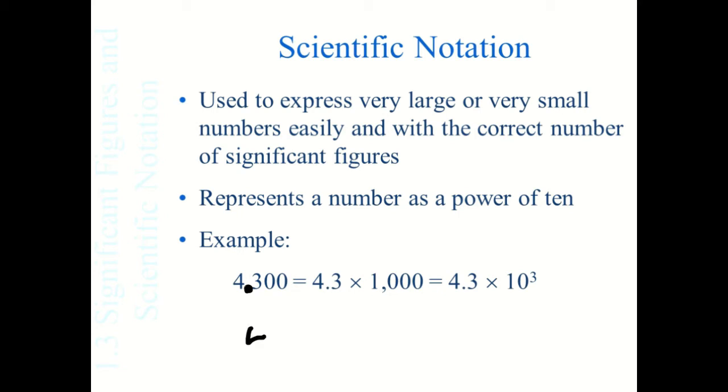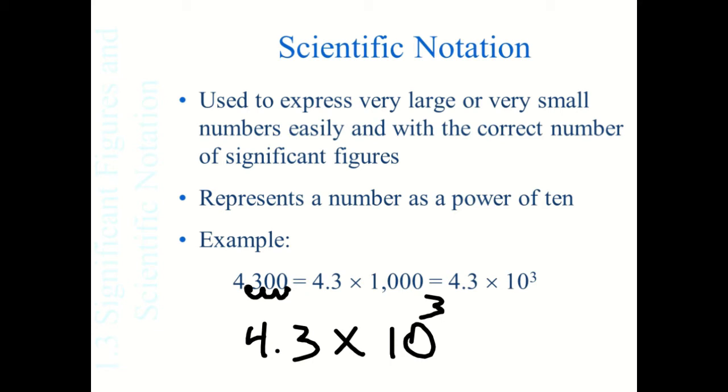And I just write 4.3 times 10, and I move the decimal place from where it was to the new place. How many times did I move it? 1, 2, 3 times. It moved 3 times. So I say 4.3 times 10 to the third. 10 to the third is 1,000.